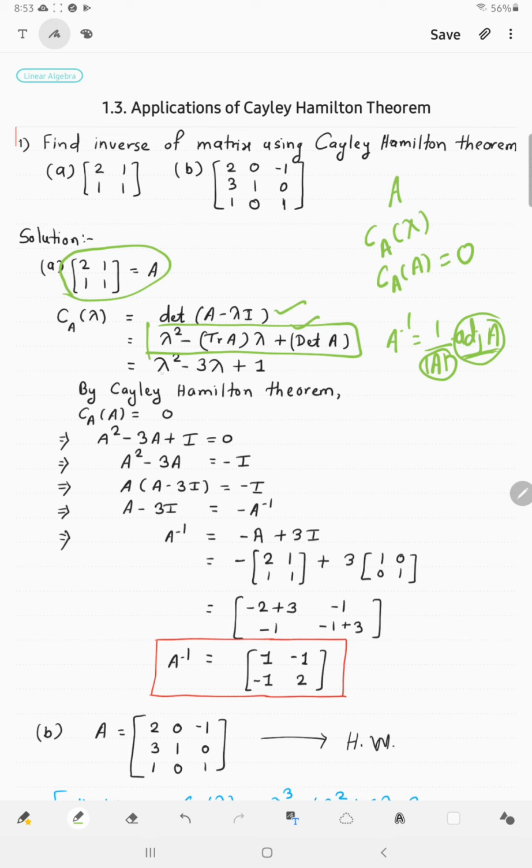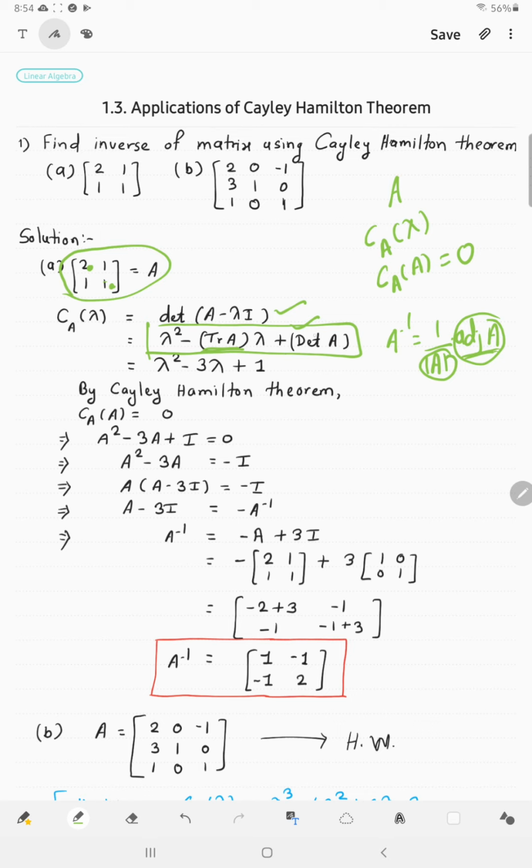So I can get here lambda square minus trace lambda plus determinant. Trace is nothing but the sum of diagonal elements. So 2 plus 1 is 3, and determinant is 2 minus 1 is 1. So the characteristic polynomial is lambda square minus 3 lambda plus 1.